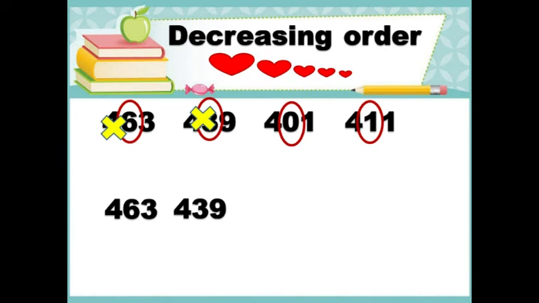We have 0 and 1. Which among the two is bigger? Is it 0 or 1? Very good. So we write 411. And last, we write 401. So we have here the decreasing order, 463, 439, 411, and 401.